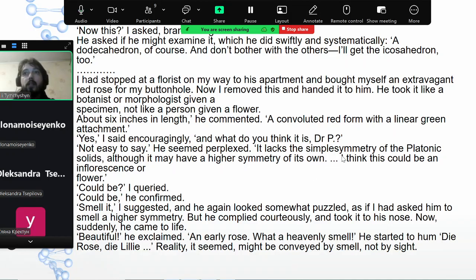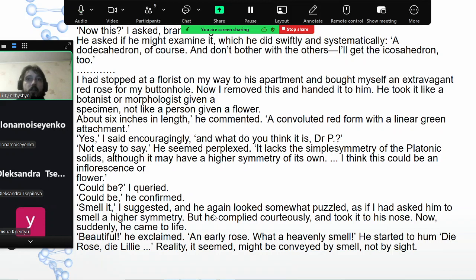'It lacks the simple symmetry of the Platonic solids, although it may have a higher symmetry of its own. I think this could be an inflorescence or flower.' 'Could be?' I queried. 'Could be,' he confirmed." So he does not recognize the rose, even having that in his hand.